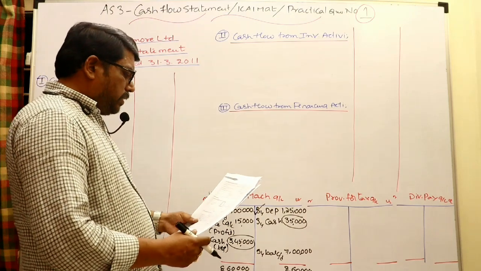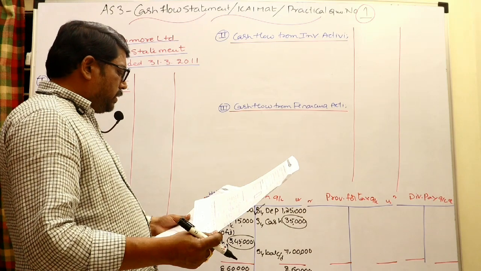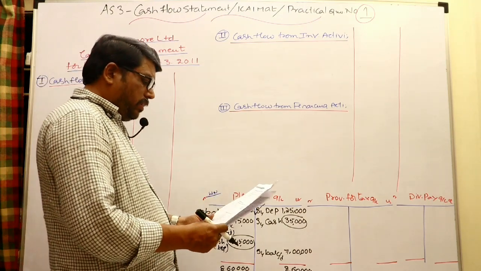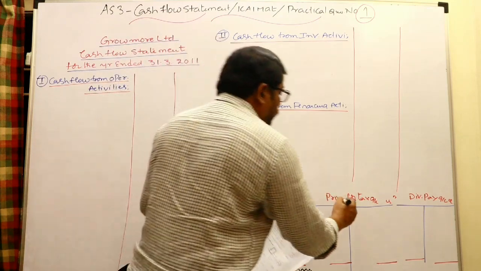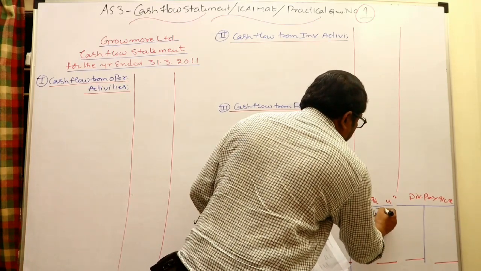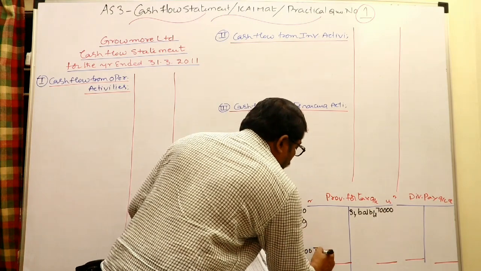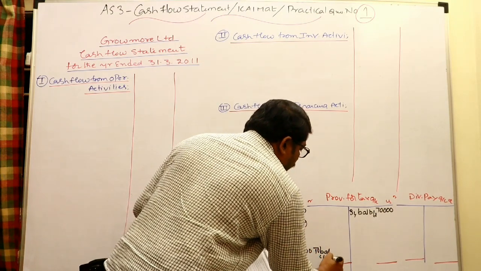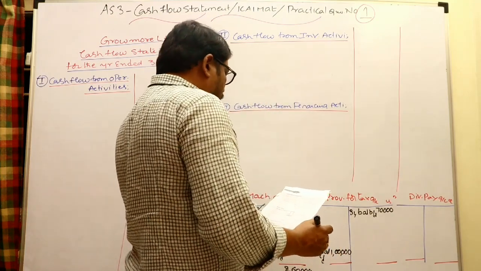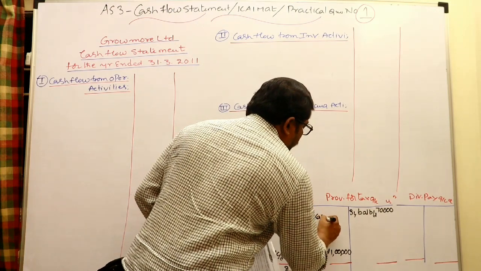Come to the provision for tax. What was the opening provision for tax given? Look at that provision for tax. In the beginning it was 70,000, by balance brought down 70,000. Closing is given at 1 lakh, to balance carried down 1 lakh. The tax paid during this year is given as 50,000, provision for tax to cash.